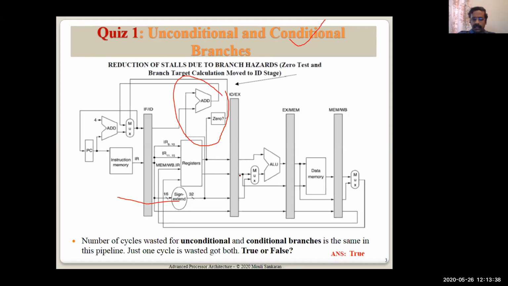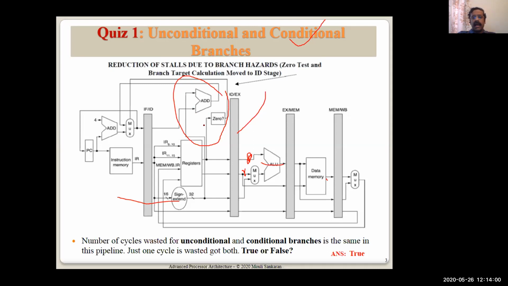In case of data hazard, we introduce forwarding logic so that the results are given to the ALU early, so that it can proceed with the sequential instructions if it is dependent on data coming from instructions executed earlier. So that was the solution for data hazard. And what is the solution for control hazard?